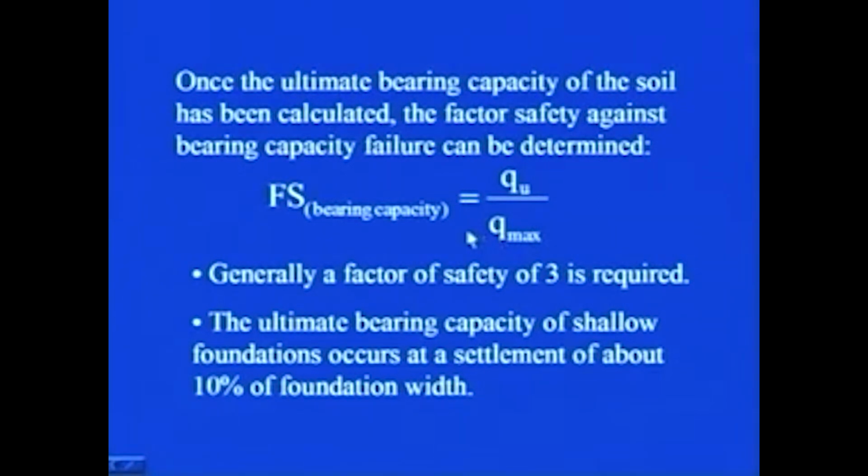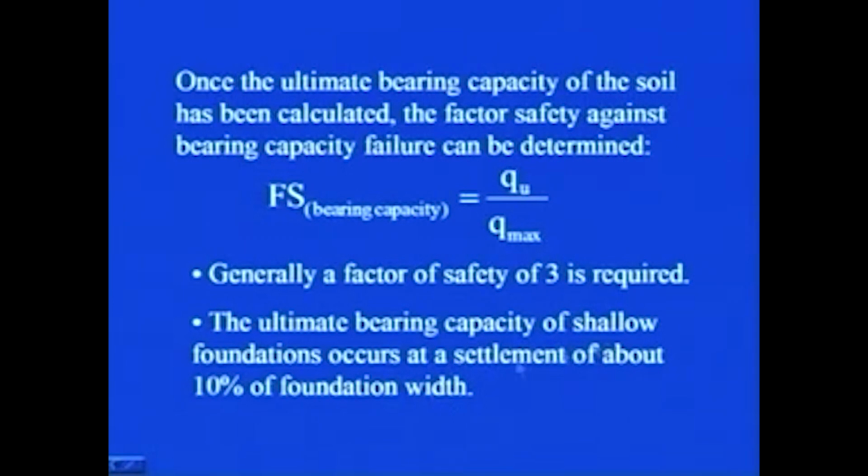You remember that you found out Q max and Q minimum. From there, whatever is the maximum value of Q, you simply divide QU by that, and you will get the factor of safety against bearing capacity. Generally, a factor of safety of 3 is required against bearing capacity failure.